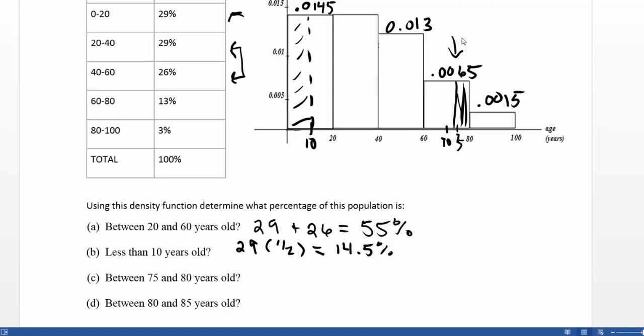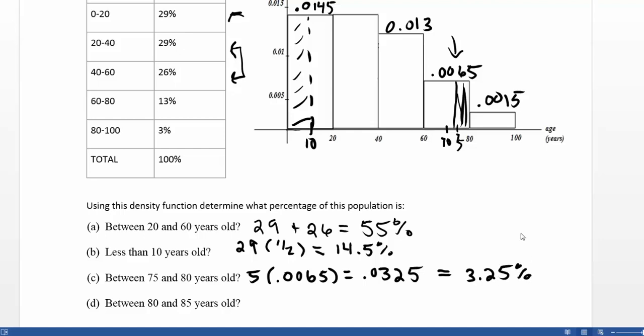Now, this is how we do it graphically to get the area of that rectangle. So 5 years, which is 75 to 80, times the height, 0.0065, we are going to get 0.0325, which, if we turn into a percentage, is 3.25%.